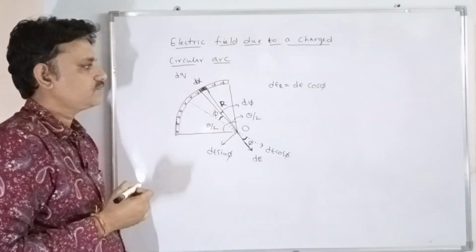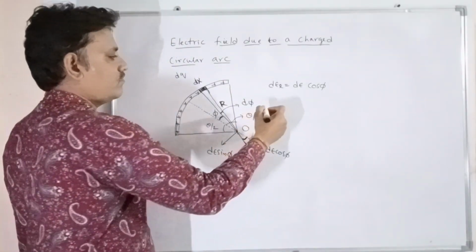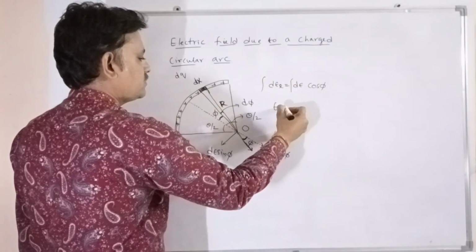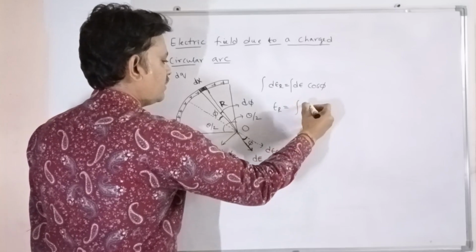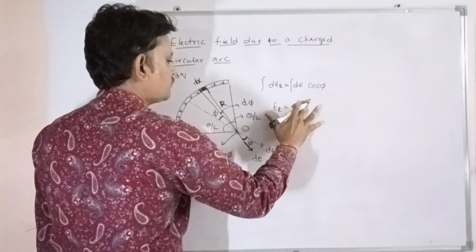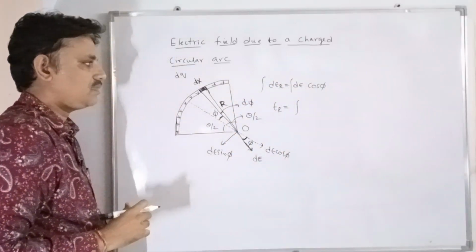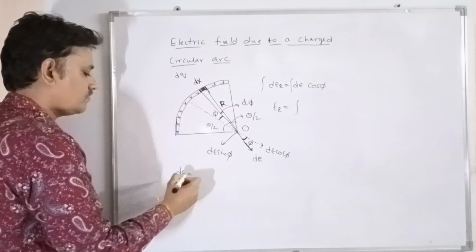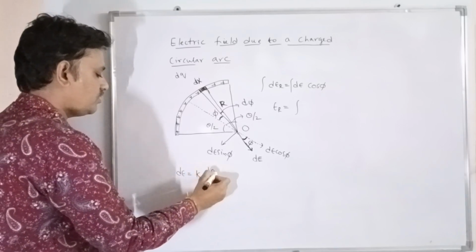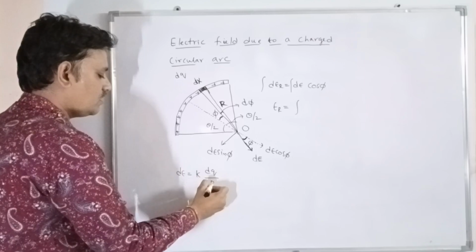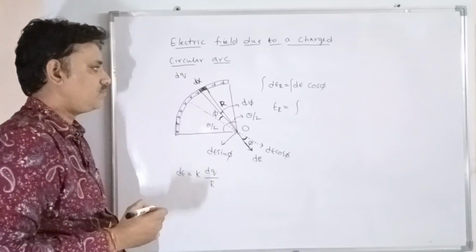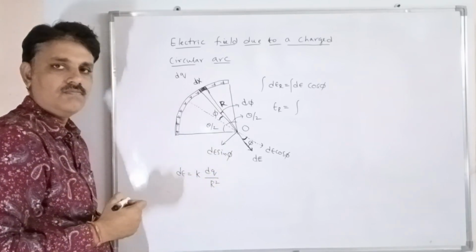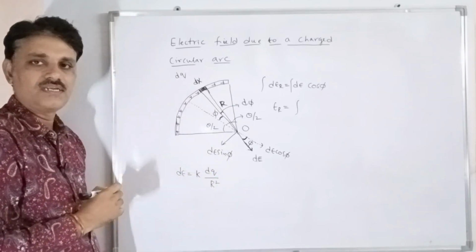So the total electric field, we can integrate on both sides. So E_R is equal to the integral of dE cos phi. We substitute the value of dE there. dE means the small electric field with respect to the small charge dq. The distance from dx to center O is r, so k into dq by r square is dE.